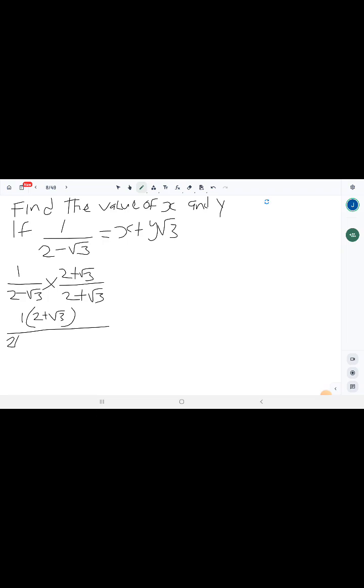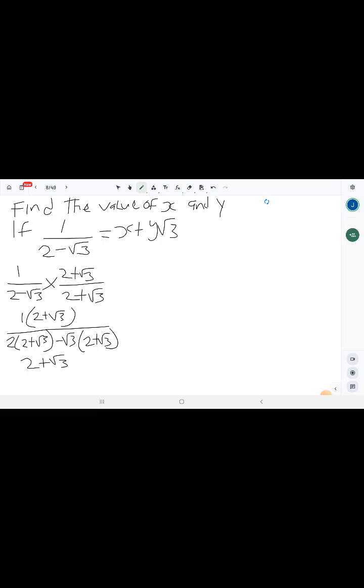So I have 2, open bracket, 2 plus root 3, close bracket. Next, I'll write minus root 3, and I will also write everything here in brackets. So it becomes minus root 3, open bracket, 2 plus root 3, close bracket. And this will become 2 plus root 3.